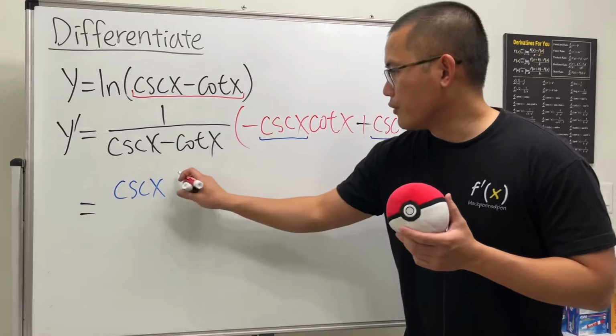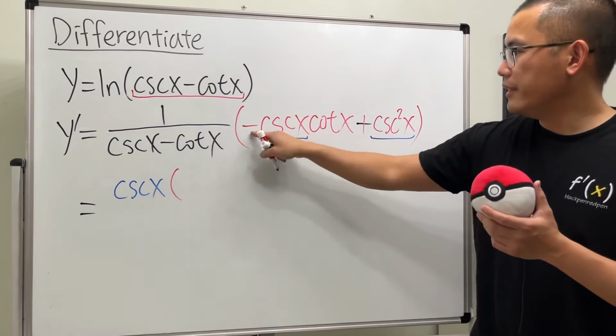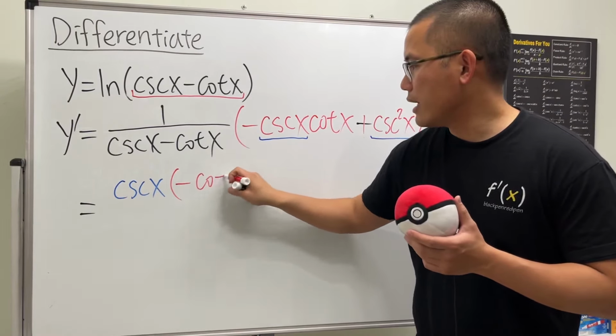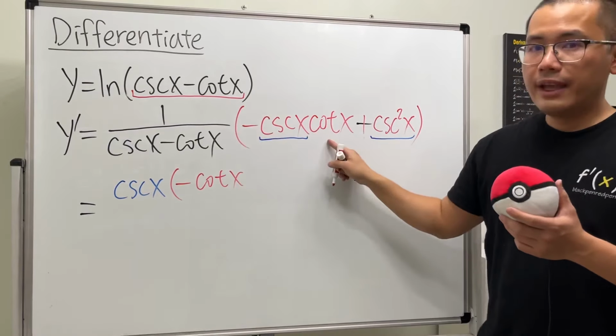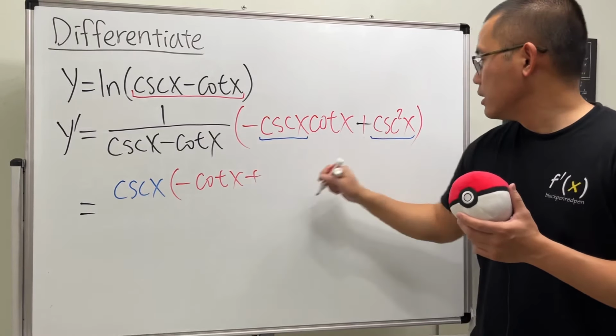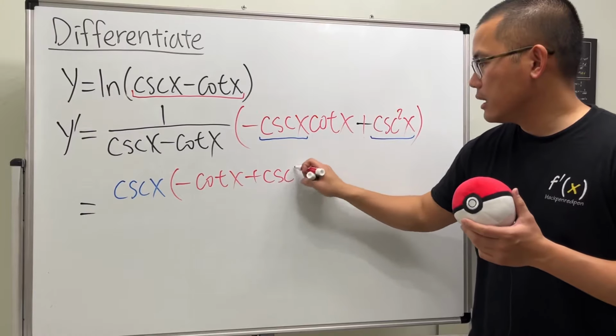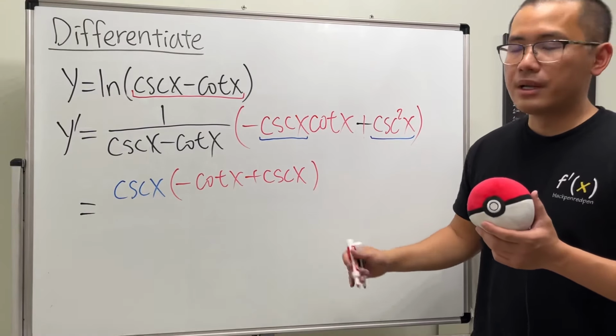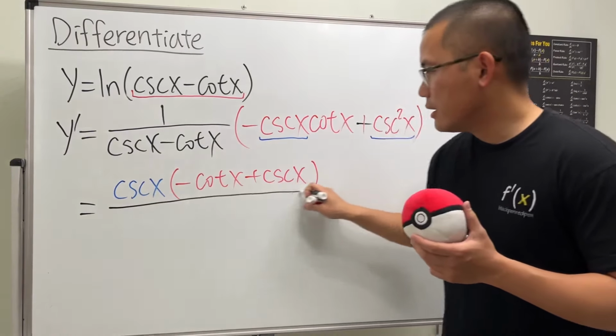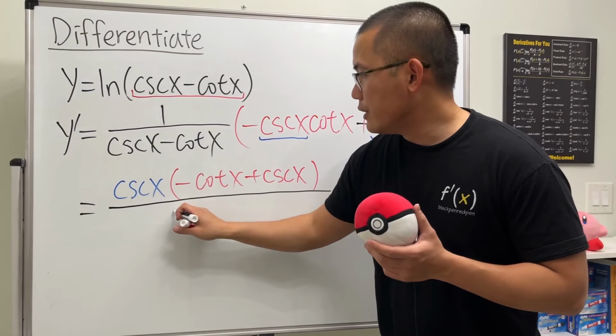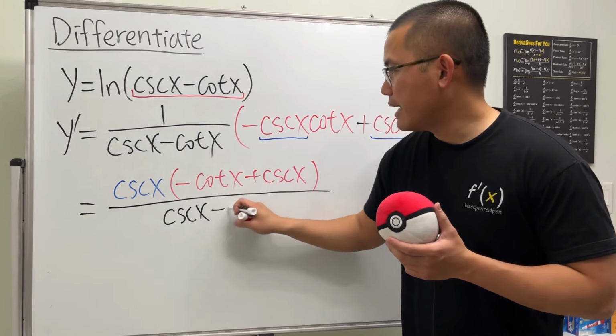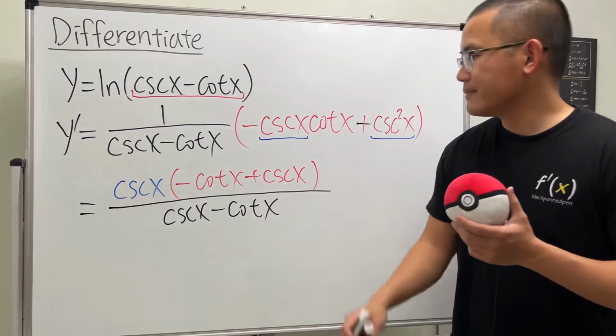And let's see the leftovers. The first term is negative cotangent x. And then we add cosecant x. So that's the top. And over this denominator, which is cosecant x minus cotangent x.